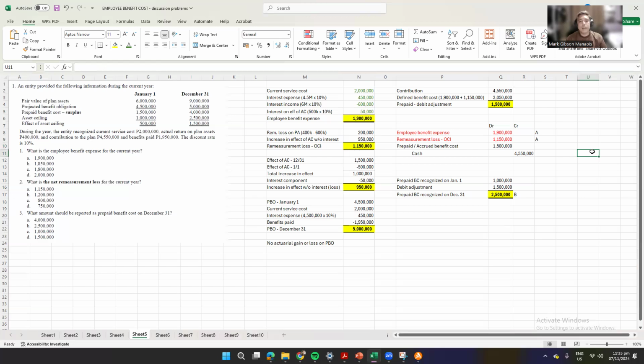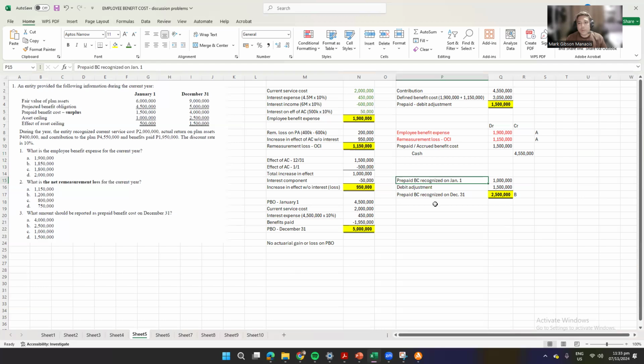Tuloy natin. So this time, we have your prepaid benefit cost. So requirement number 3, what amount should be reported as prepaid benefit costs as of December 31?